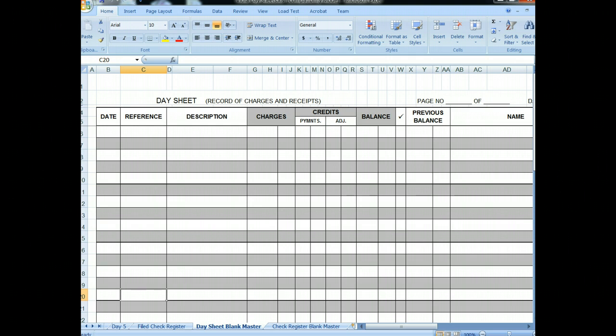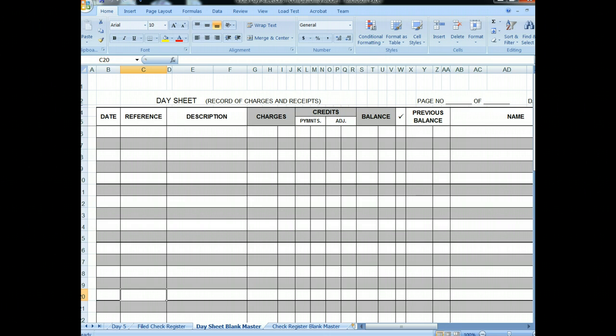Okay, so on that note, you're going to have to line up the ledger card. If you go under my modules, I do line up the forms for you, but you're going to get your ledger card. The first blank line of your ledger card, you're going to line up with the first line on your day sheet. Put that down first.